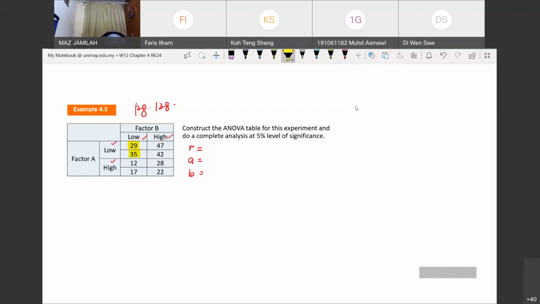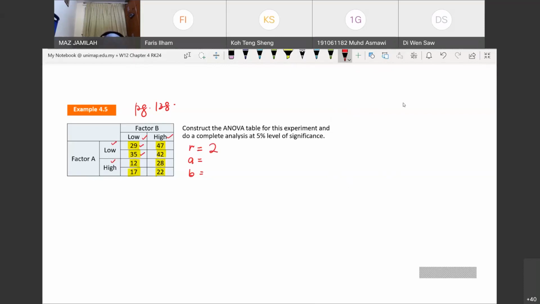The same goes for the high level of factor B with the low level of factor A, you also have two. So you have a standardized number of replications. In this case, the number of replications is 2, because we have 1, 2.